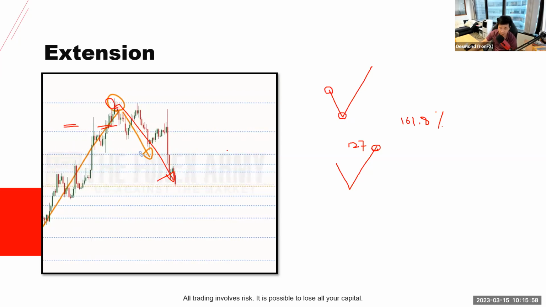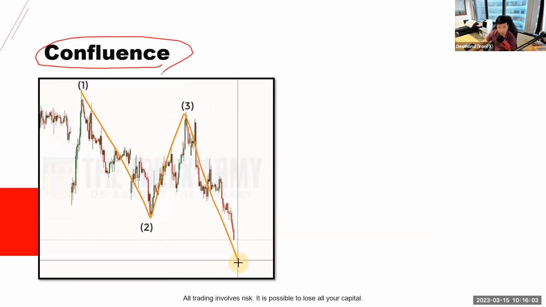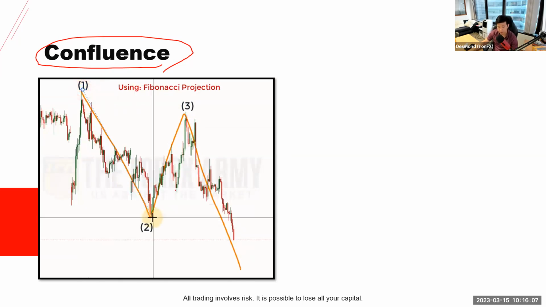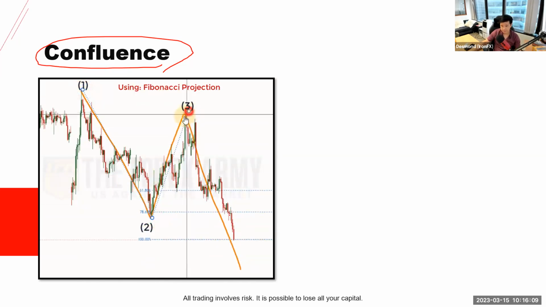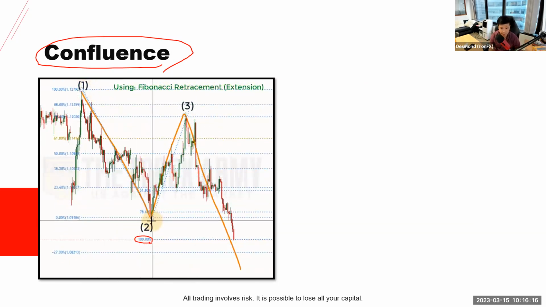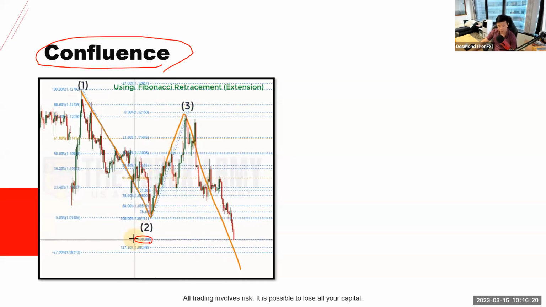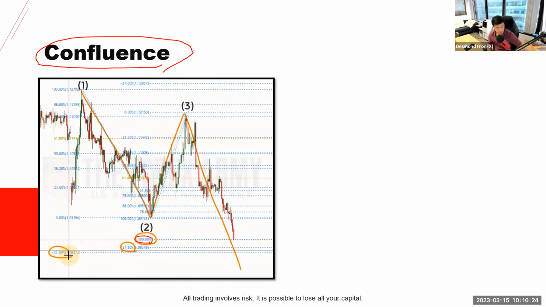How we're going to use that is this concept called confluence. As you can see, we can start with the Fibonacci projection, 100%. We can start the Fibonacci retracement, expansion, extension, and we found 1, 2, 3 reasons why price might bounce off this area. This is the meaning of confluence.